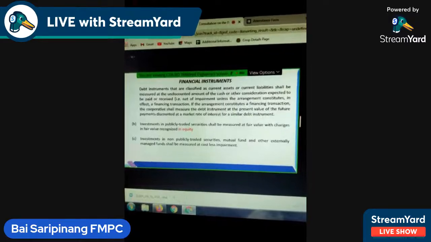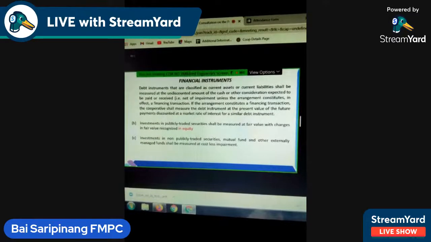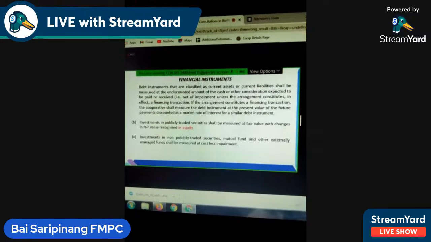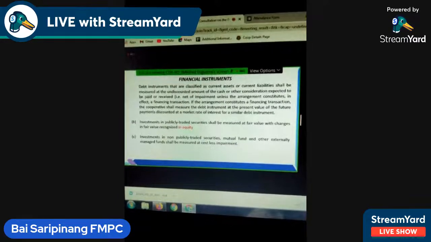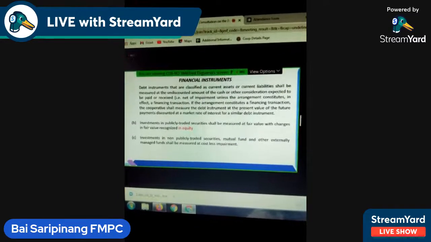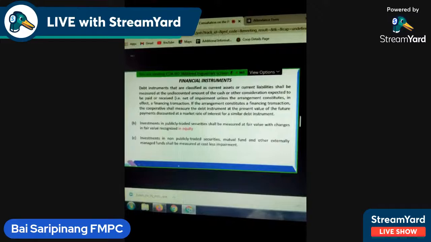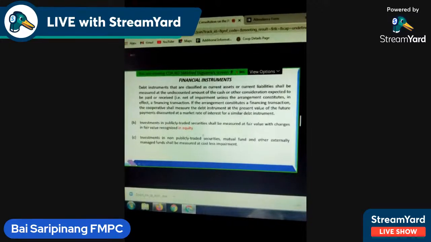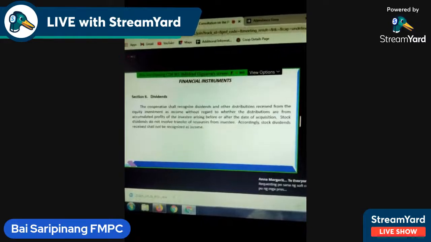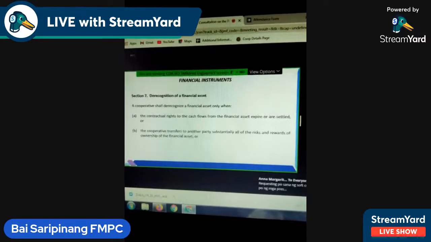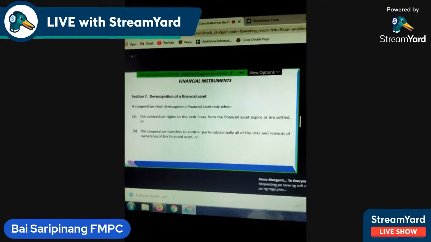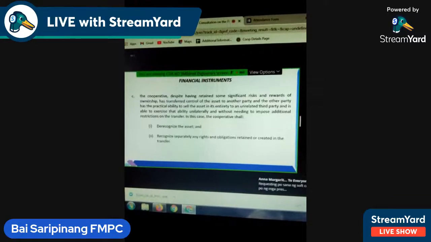Wala tayong pagbabago except for this: investment in publicly traded securities shall be measured at fair value with changes in fair value recognized in equity. So, kahapon sa ESCA nabanggit na rin po ito, no? So, we have to recognize this in equity. So, yun po ang ating idinagdag lang naman dito sa ating financial instruments.